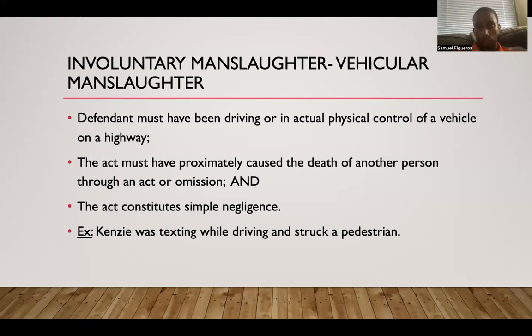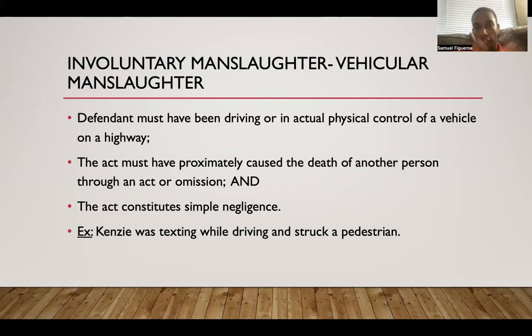And the act must proximately cause the death of another person through an act or omission to act, which means that the act of driving was the proximate cause of why the person died. So again, obviously, if you're driving on the highway and you hit someone because you were negligent, clearly it's directly foreseeable that that person was going to die. And the act constitutes simple negligence.